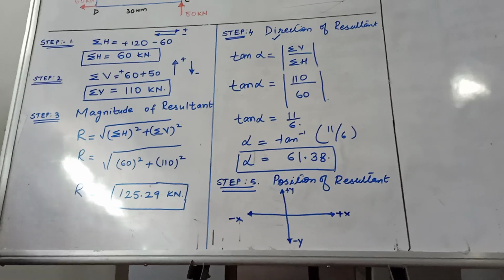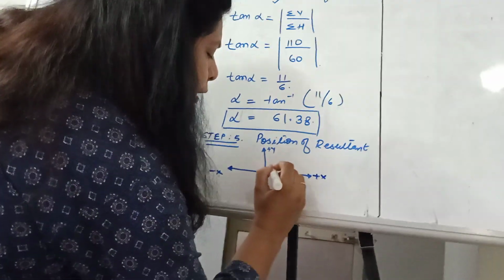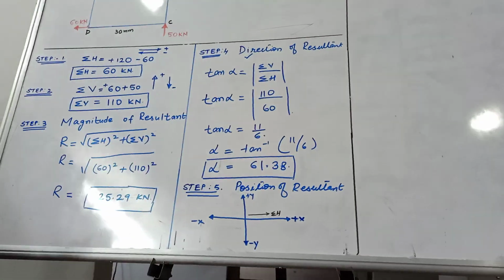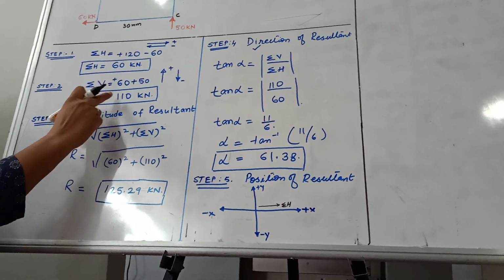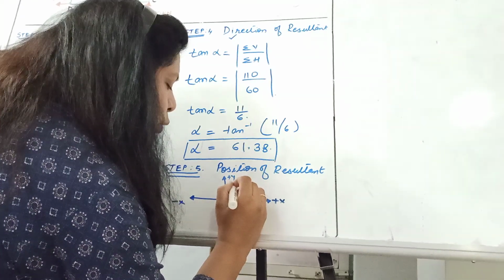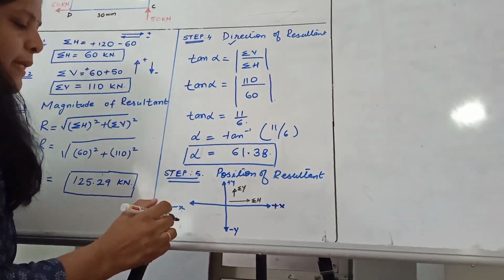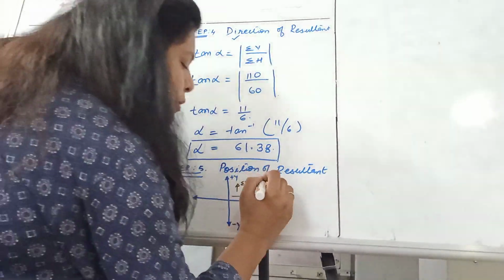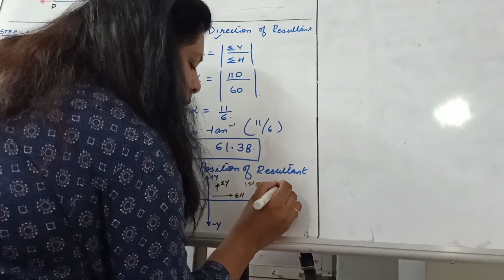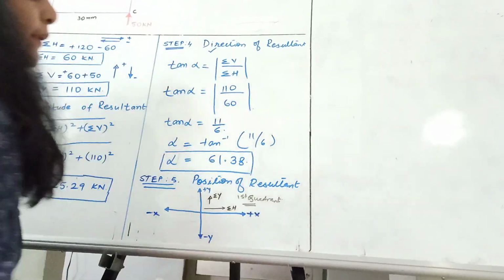Sigma H is plus 60, so it is in this direction. Where is sigma V? It is positive 110, so positive y is over here. That means my resultant is lying in the first quadrant.